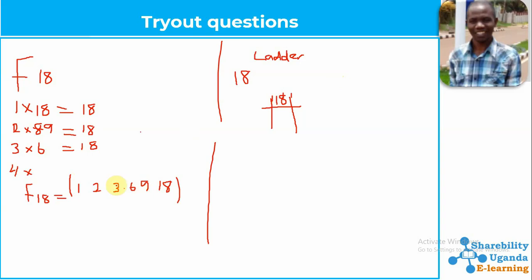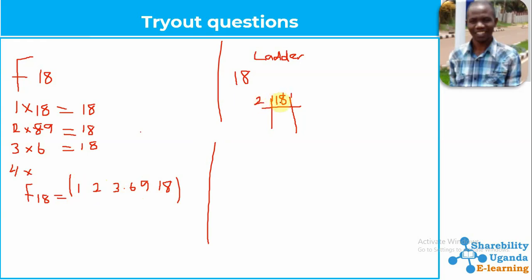When you divide 18 by all these numbers, you can get an answer without a remainder. But you have to look for a number which is slightly low, but not the lowest. We have our lowest, which is 1, and the second, which is 2. The last one is 9. So here we are going to use our 2, the number which is slightly low.